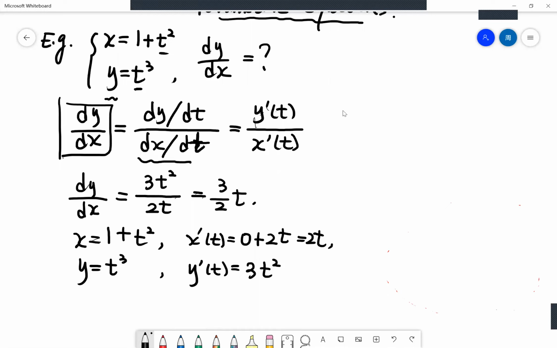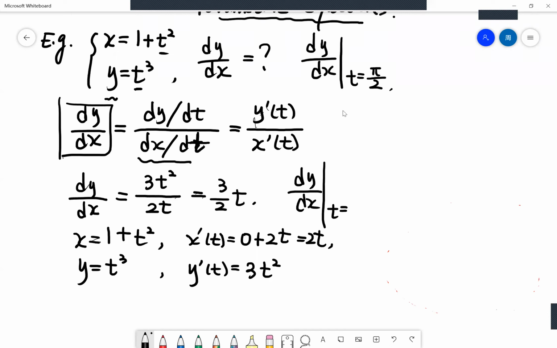If I want you to find dy by dx at t equals pi by 2, we just substitute pi by 2 into this function, right?